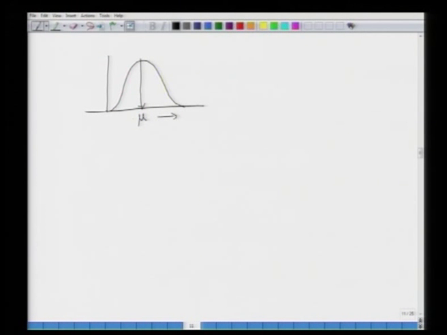Mean gives you an idea about where most of the observations are going to lie. This is the most expected value, around which you will have other observations. So, this gives you a measure of central tendency, where on this x axis most of the values are going to be.